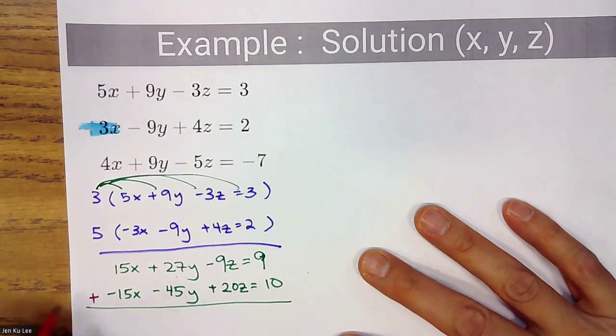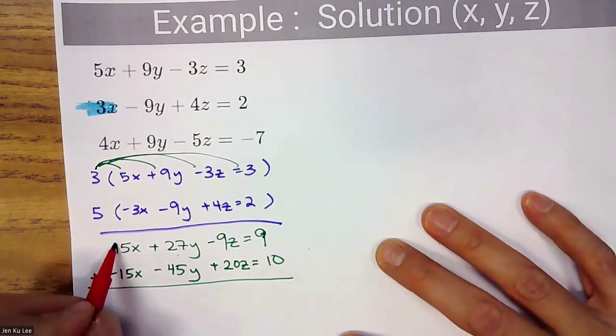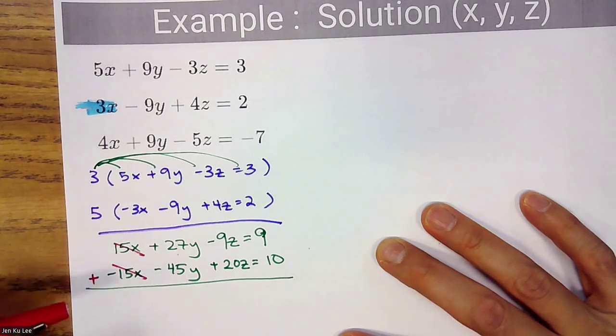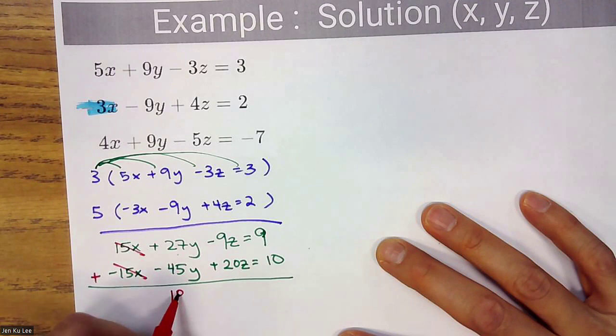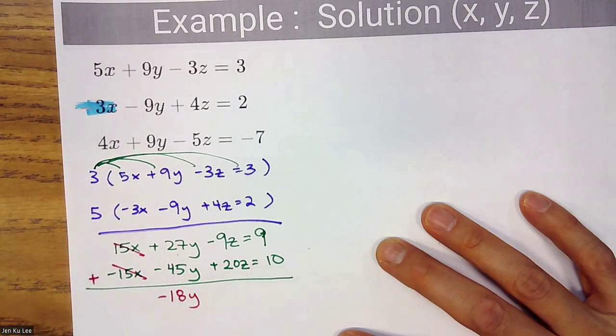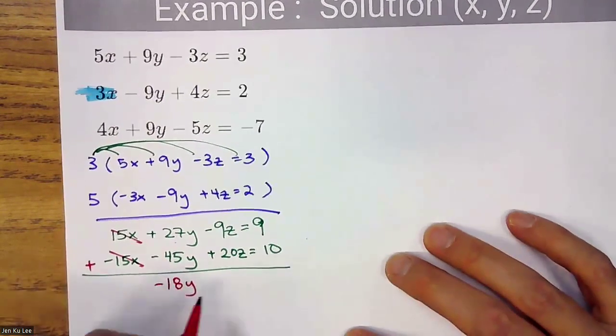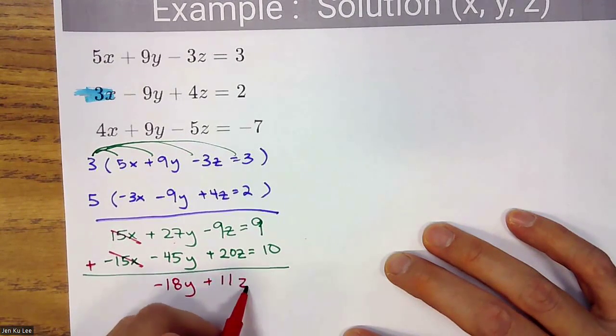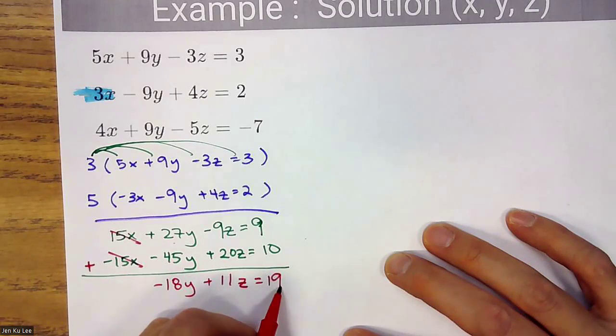Now, if I add the two together, these two guys cancel out. What's 27 minus 45? Negative 18y plus 11z equals 19.